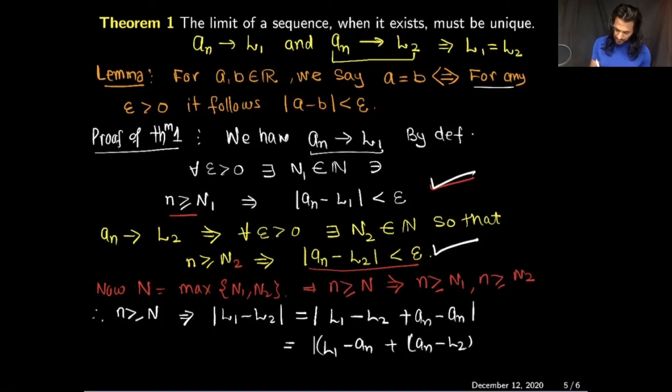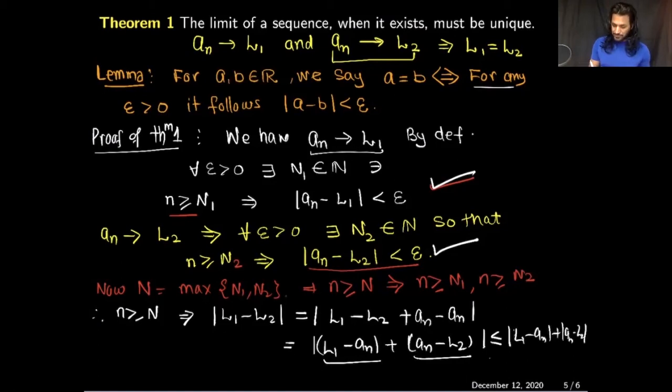Pairing these, I'm going to use the triangle inequality, so this will be less than or equal to the absolute value of L1 minus AN plus the absolute value of AN minus L2.